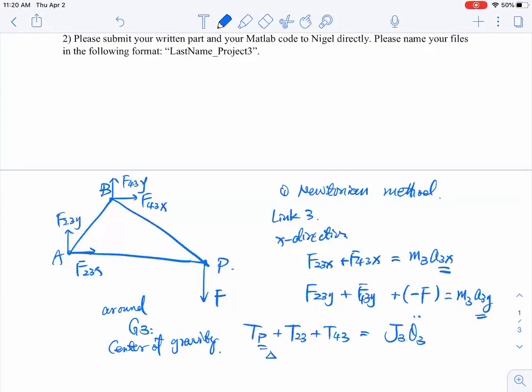Yes, by definition, the center of gravity is the intersection of these median lines. So let's say that's the midpoint of AP, and that's the midpoint of BP. So that's going to be your G3.